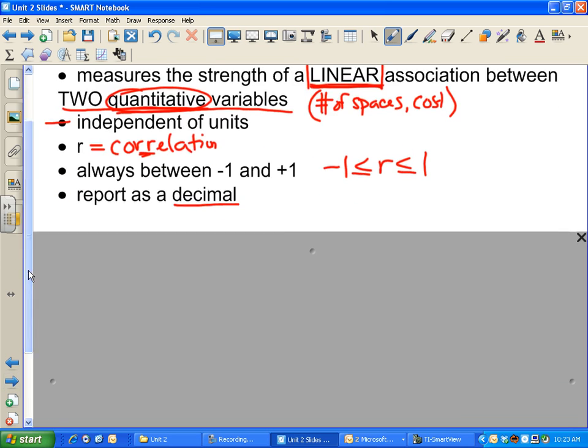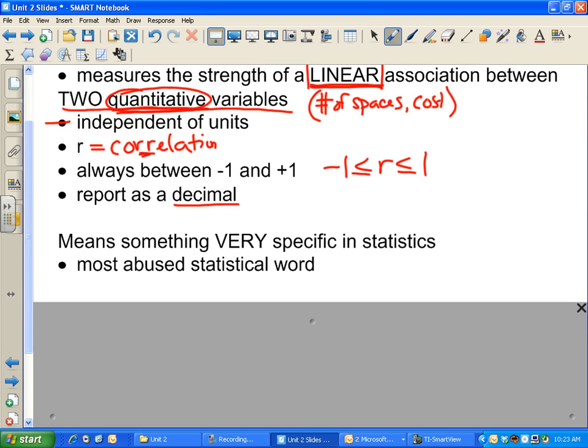Now, I love to study correlation because it is probably the most abused, meaning misused, statistical word. It means something very specific. It means the strength of a linear association between two quantitative variables. Just for fun, I Googled "news correlation." The first top hit I had was a misuse of the word correlation.